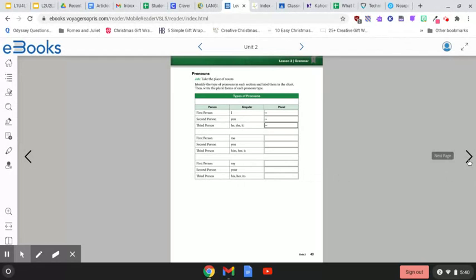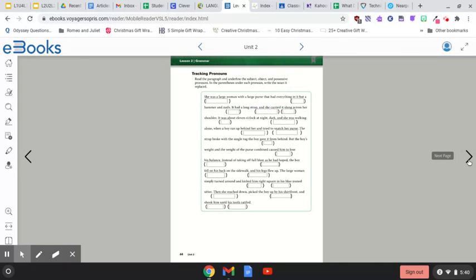Now let's look at page 44. Read the paragraph and underline the subject, object, and possessive pronouns. In the parentheses, under each pronoun, write the noun it replaced.